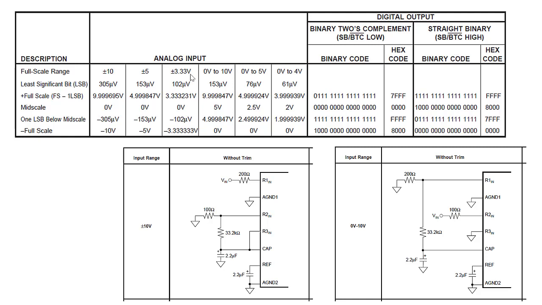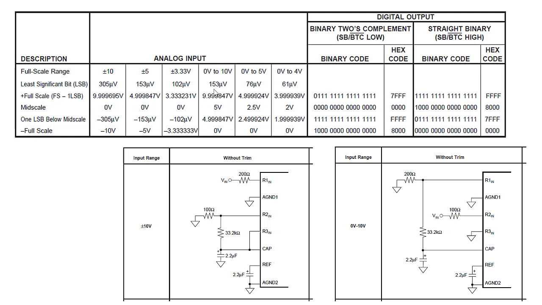Here, 0 to 10 volts is here, so 0 volts would be all zeros. The mid scale would be 5 volts, and that's going to be 8000 hex, and one least significant bit below that would be 7FFF, just right below 5 volts.